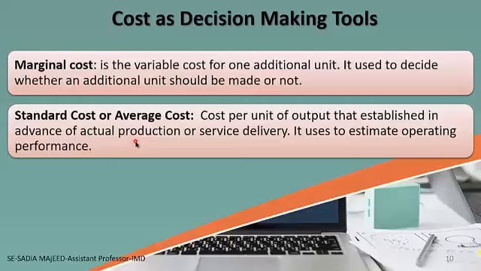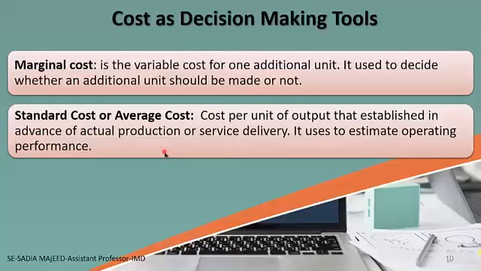That means before even starting the production, whatever unit cost you estimate is known as average cost or standard cost. And this will be used to estimate the operating performance. Standard cost or average cost can be used to estimate the performance of your operation, right?